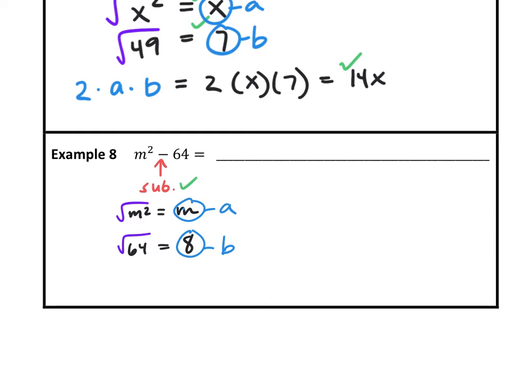And it says at the top of the page, I'll just write it again, we're going to do A plus B times A minus B. But what is A, what is B? A is m and B is 8. So I'm going to write it m plus 8 and m minus 8.